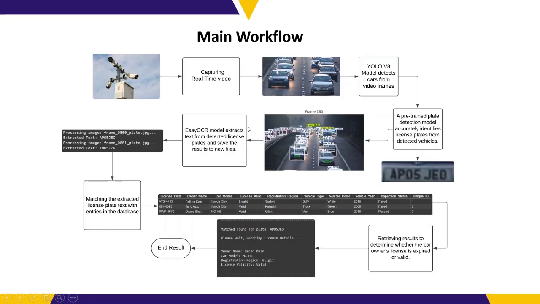After this, we used optical character recognition, Easy OCR, which extracts text from those license plates. So this is the AP05JEO number plate that was extracted. It was matched against the custom dataset, and if the result is found, it shows as you see over here. So for now, just keep these processes in mind. I'm going to show you the exact code in the next section of the video.